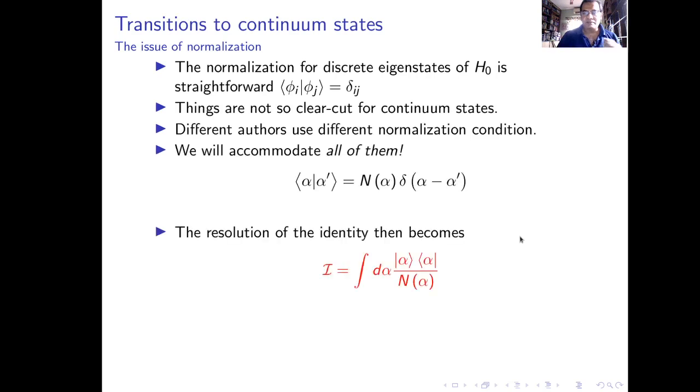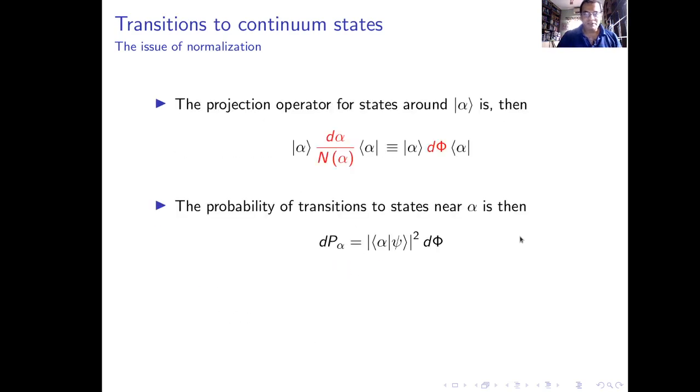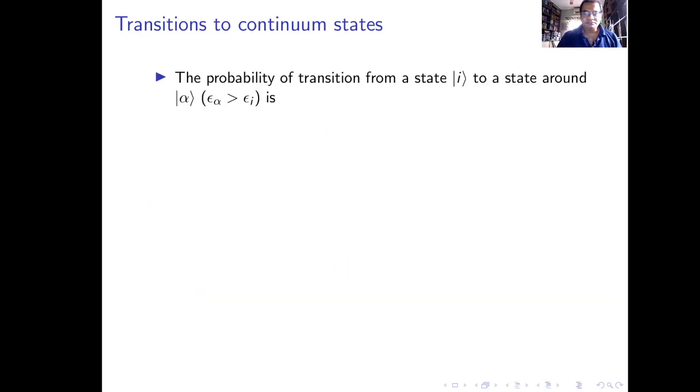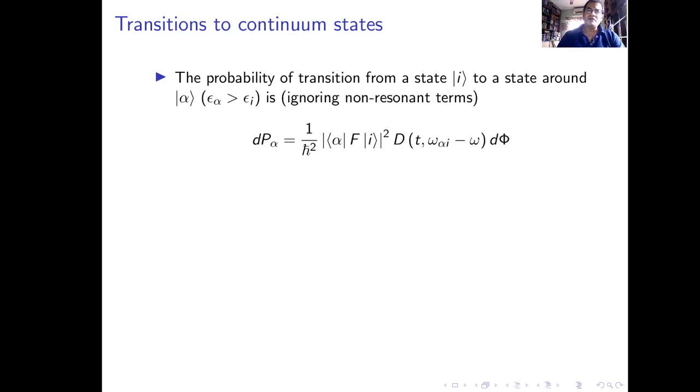So coming back to our particular thing here, when we want to calculate the probability of transition from the state I to a state around alpha, if we ignore the non-resonant terms, we end up with dp alpha given by 1 by h cross square, just the first term picked off, |<alpha|f|i>|² d_t(omega alpha I minus omega) d phi.